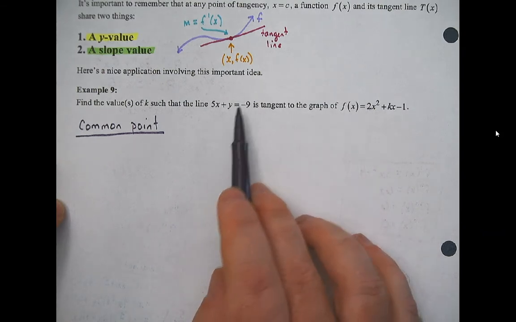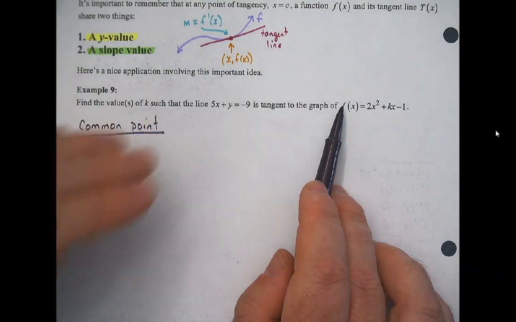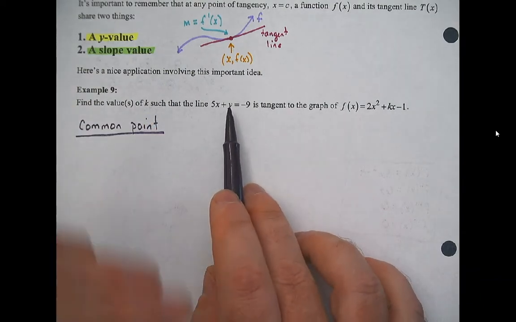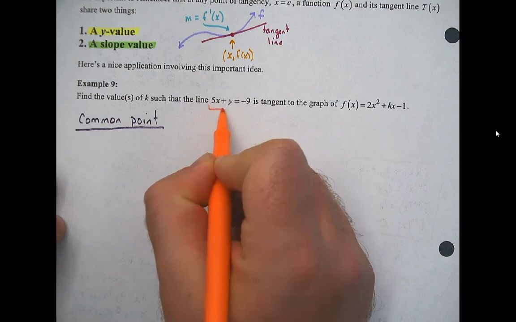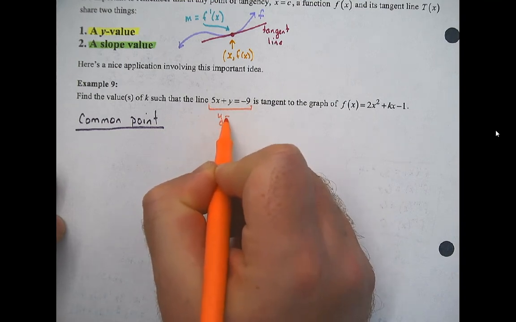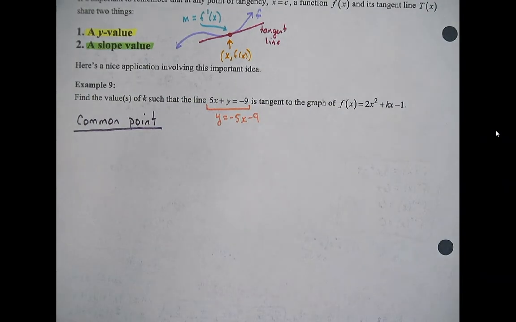At the end of the day, what is f of x the same as? The height. What is y the same as? The height. So I'm going to do a little bit of work on this function and convert it into y equals negative 5x minus 9. I'm going to get it into its y equals format.